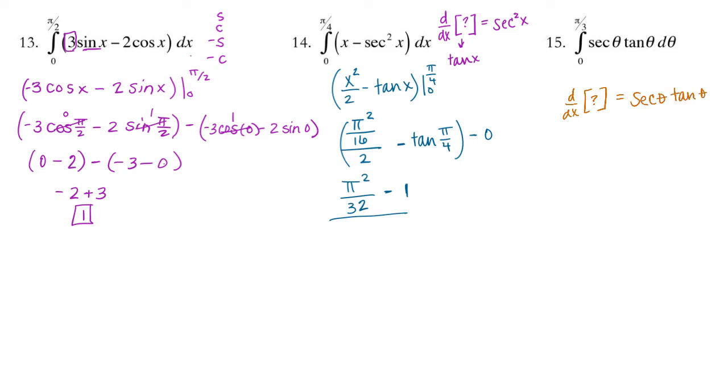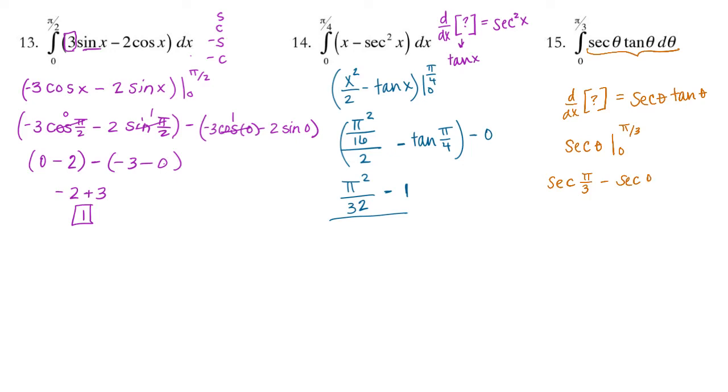And so hopefully we see that that something was just secant theta. So when I integrate all of that, it goes to secant theta. And you're evaluating this from 0 to pi over 3. Now we're going to substitute in secant pi over 3 minus secant of 0.